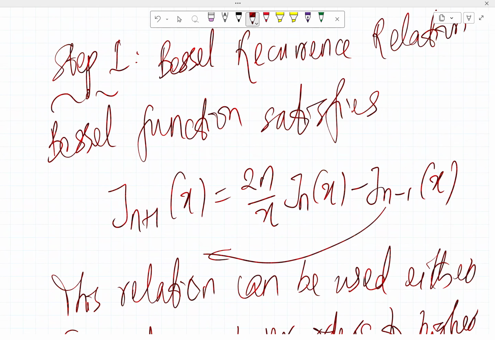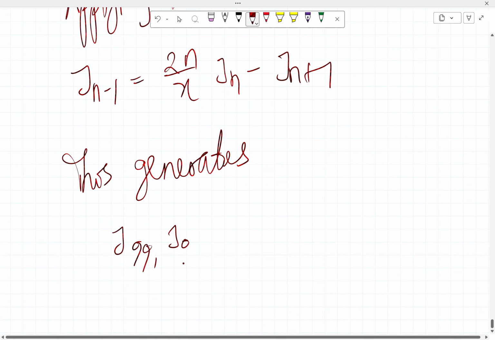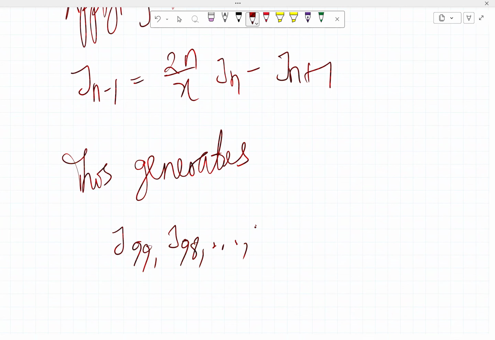So with that, now we have Jn minus 1 equals 2n over x Jn minus Jn plus 1. Oh yeah, 2n over x has always been like that. So with that in place, this generates J99, J98, all the way down to J0.